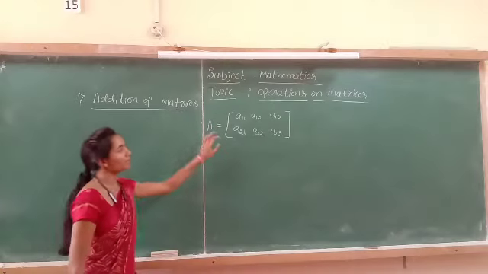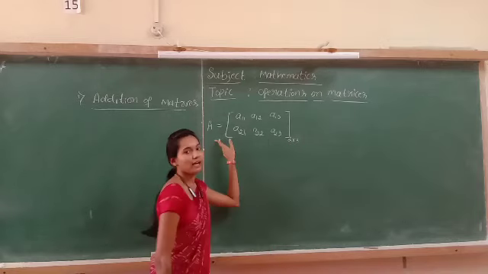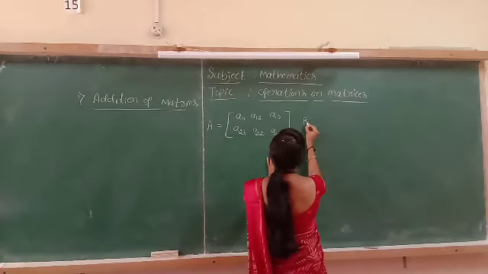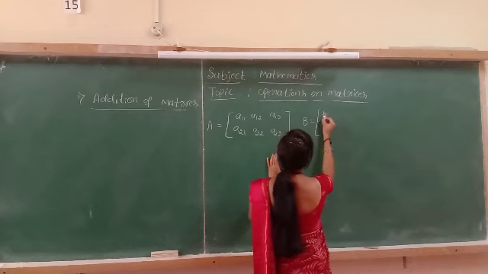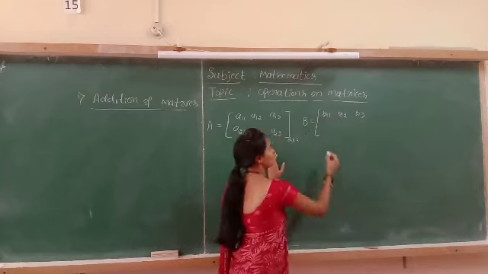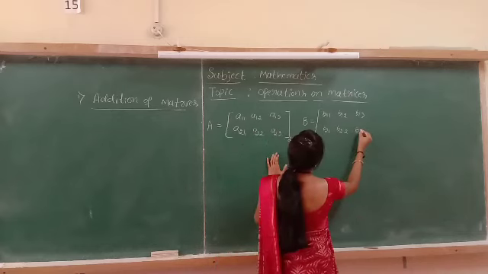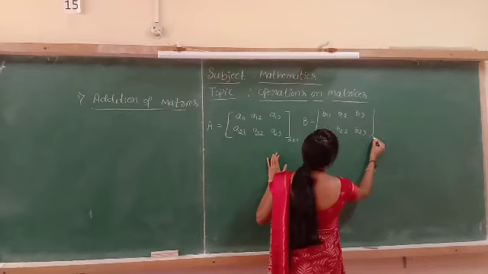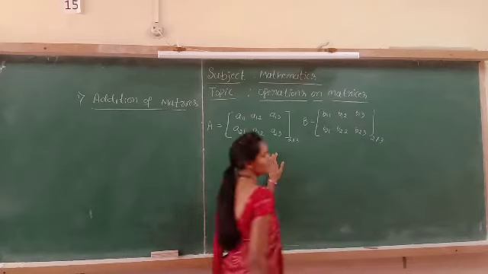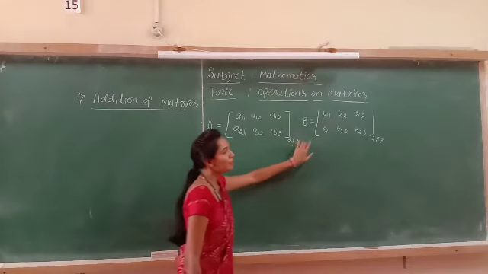So it is a matrix A of the order 2 cross 3. I will take another matrix, capital B, equal to B11, B12, B13, and the second row B21, B22, B23. It is also of the order 2 cross 3. Look here, these are two matrices having the same order.